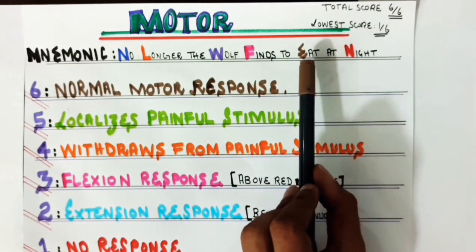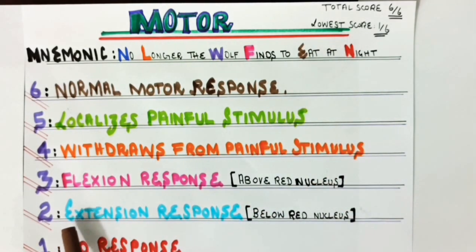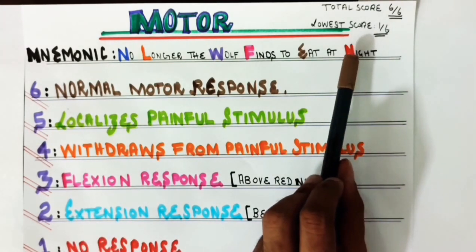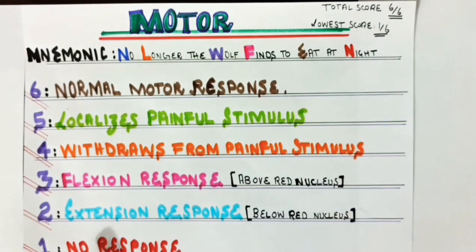Moving on, the E of "eat" corresponds to the extension response, and the starting N of "night" corresponds to no response for the 1 by 6 score. So, moving on with understanding how to calculate the score: no longer the wolf finds to eat at night.